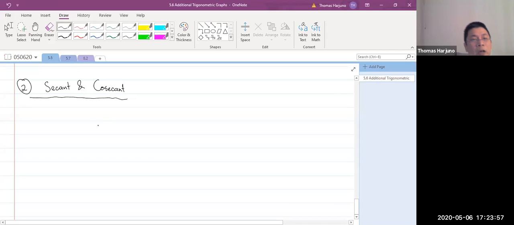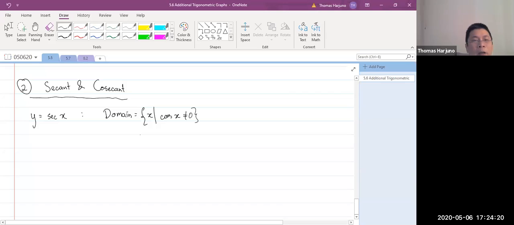Now let's do secant. So y equals secant x. How about the domain? The domain for secant will be all x where cosine cannot be 0, because secant x is 1 over cosine.